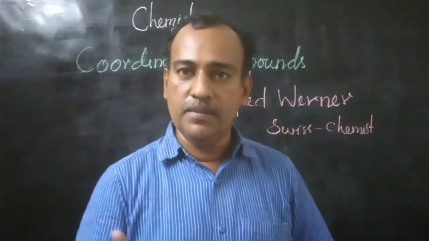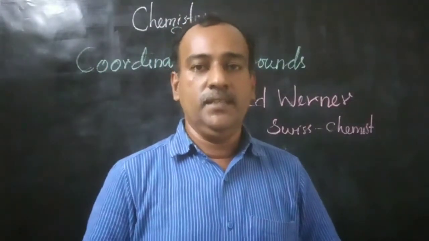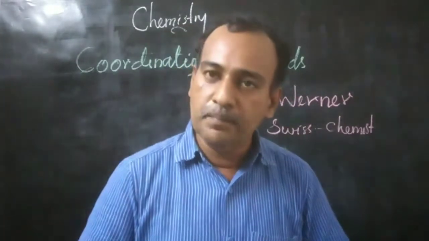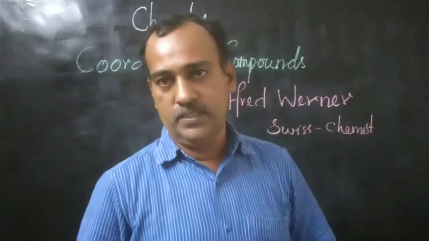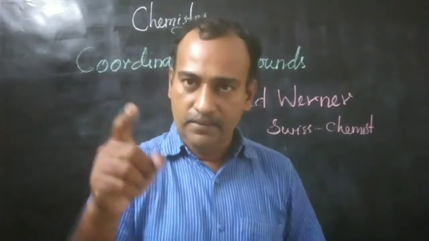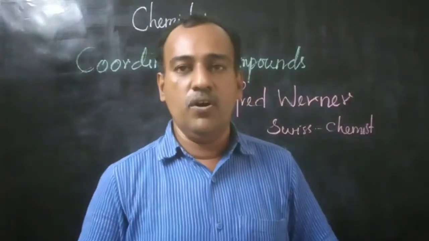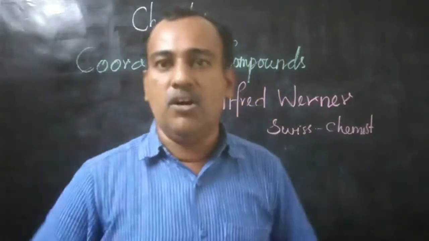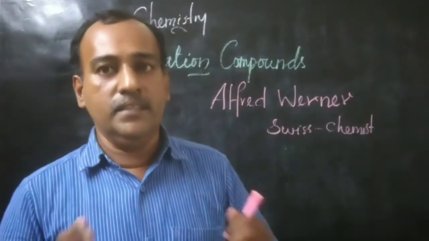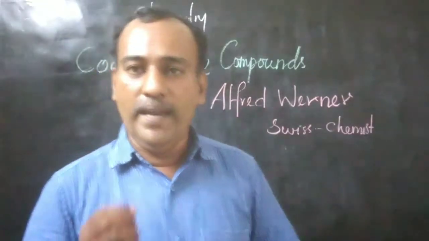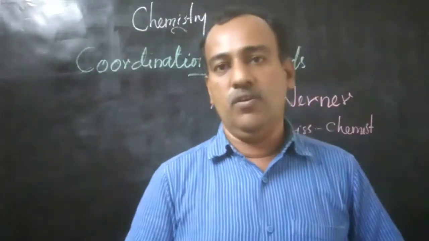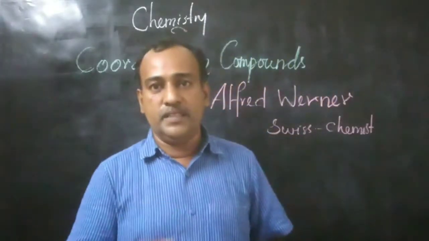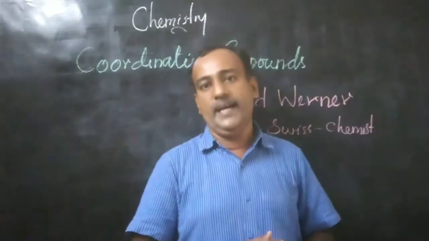What is the difference between double salt and coordination compound? A double salt ionizes completely in aqueous solution, or otherwise a double salt exhibits the properties of all the constituent ions in solution, whereas a coordination compound does not exhibit the properties of all the constituent ions.